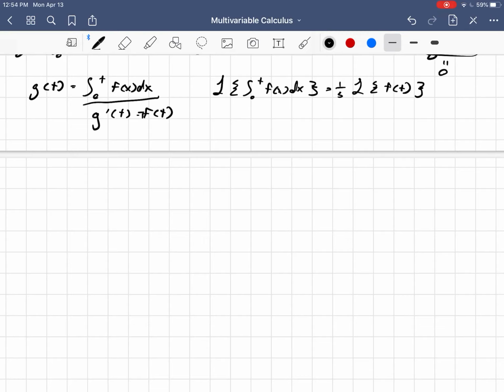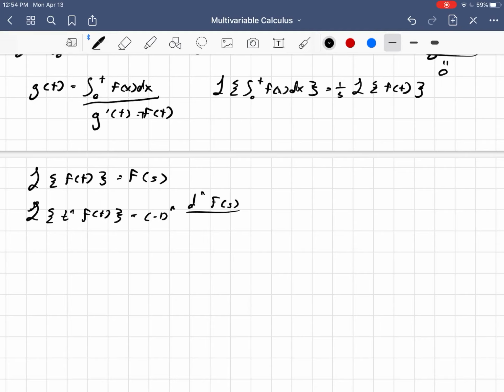So now another property is that it's kind of a peculiar property, but if I consider the Laplace transform of f of t, call that another function in terms of s, capital F, then if I take the Laplace transform of t to the n times f of t, then it turns out what I'm going to get is negative 1 to the n times the nth derivative of F, where F is a function of s.